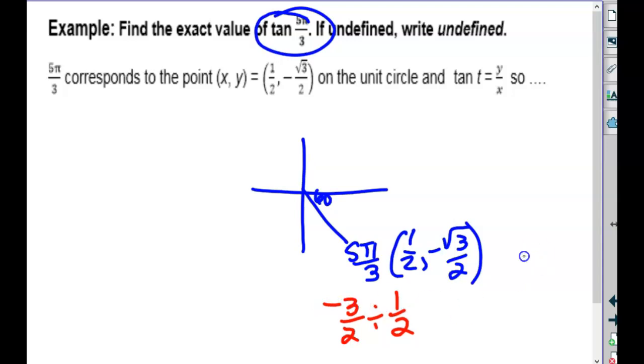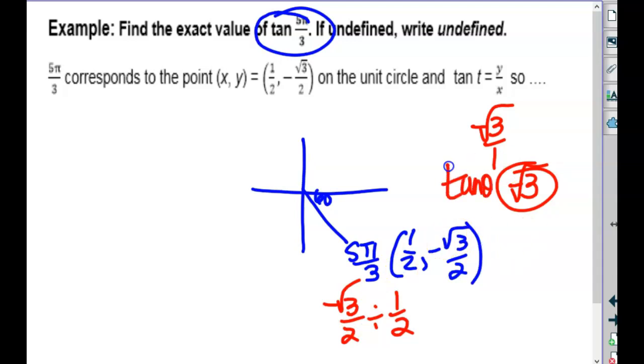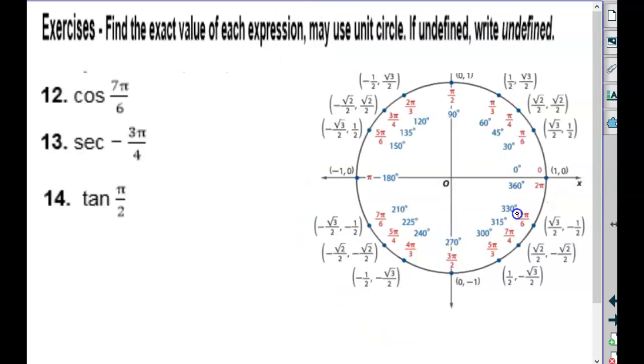So you just get negative square root of 3 over 1 or negative square root of 3. Oh, sorry, that was the tangent. Tangent is y over x. It's negative square root of 3 over 1 or just negative square root of 3. Okay. That's using our unit circle.